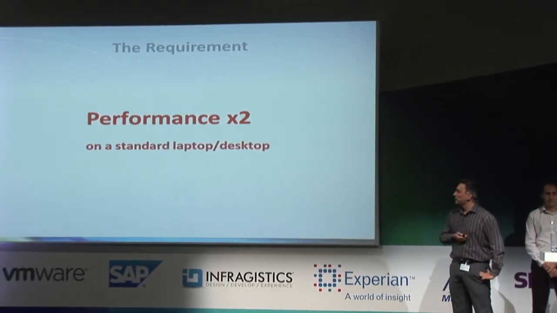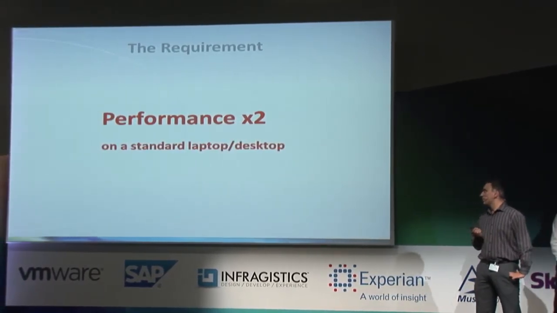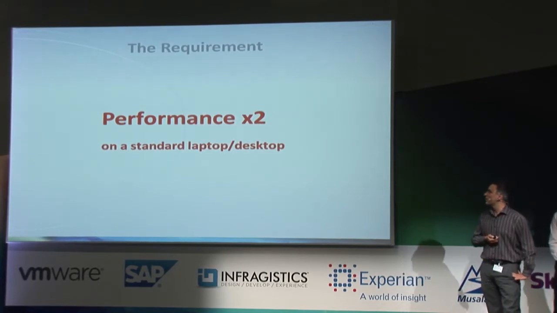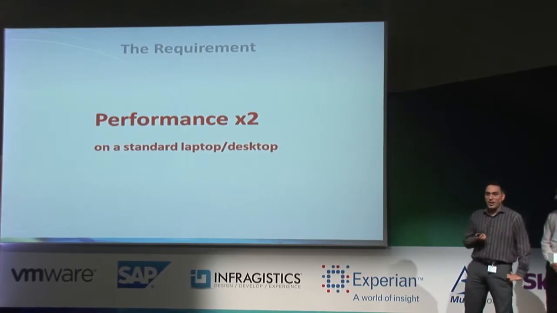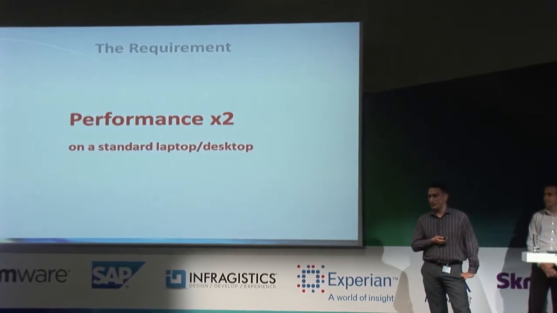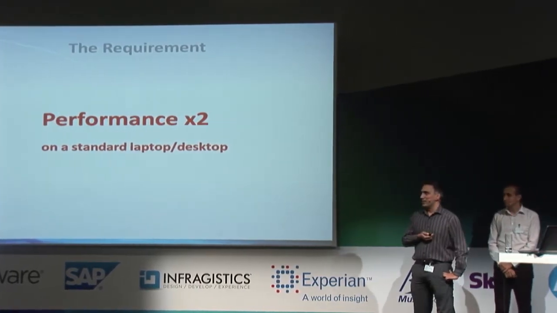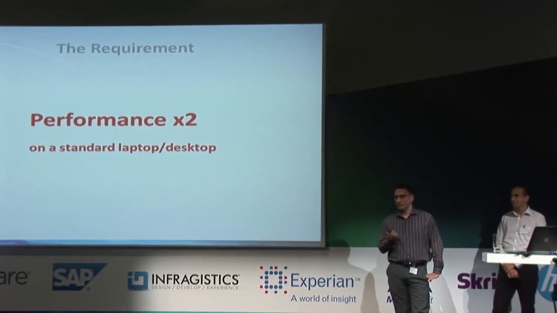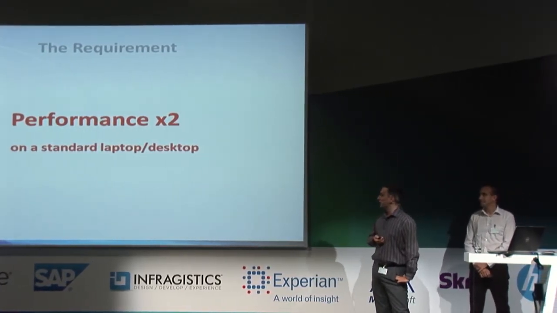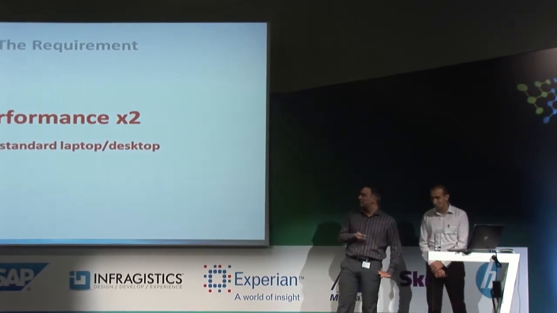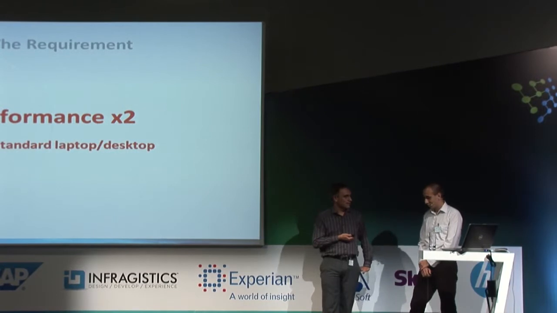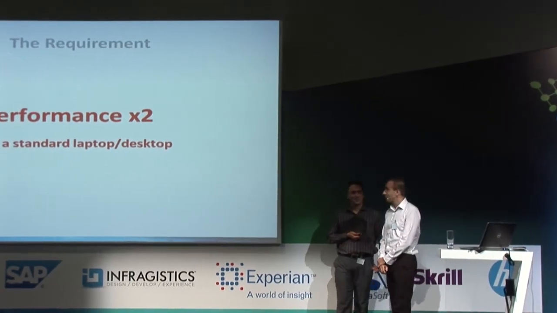So there was a requirement for our application to perform at least twice better on a standard laptop or a desktop. How do you actually achieve this requirement, how do you standardize the metrics, and how do you verify that you have achieved the performance will be the topic of the next presentation. But first, let's start with analysis of the requirement.